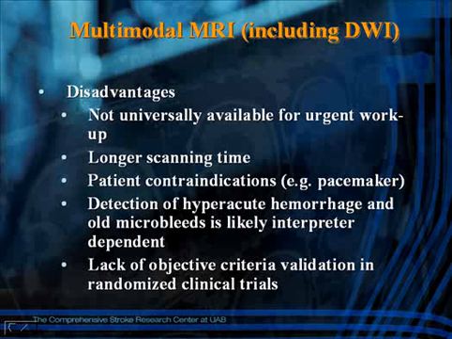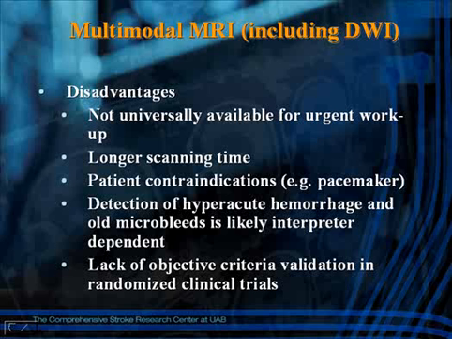And if you want to obtain all sequences that are required for a complete stroke workup, it will take a considerably longer time, probably on the order of about 30 to 40 minutes to complete all sequences. Putting together transport time, patient preparation time, and going through a long list of contraindications makes MRI practice in the acute setting rather difficult.